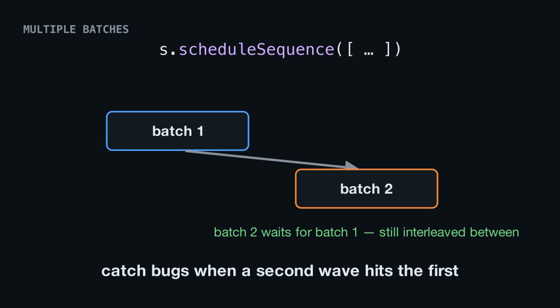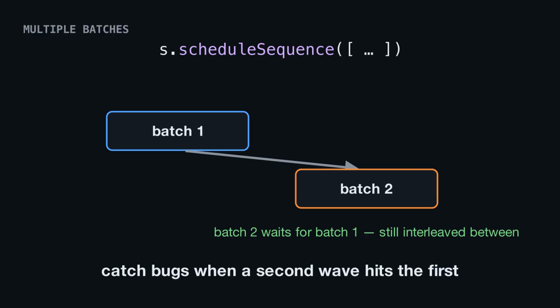A step never starts before the one before it has finished, though the scheduler can still slip delays and other work in between. So we generate several batch sizes, an array of integers instead of one, and fire each batch as a step in the sequence. Now we're catching bugs that only appear when a second wave arrives while the first is still draining.